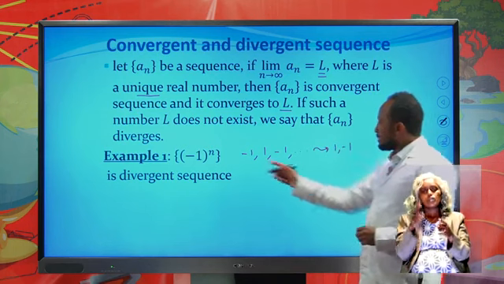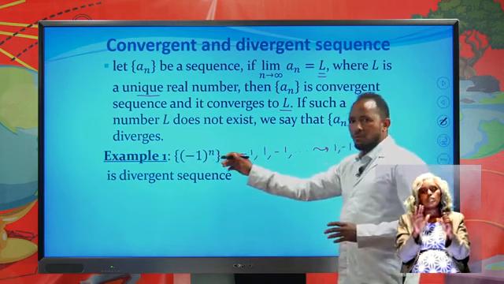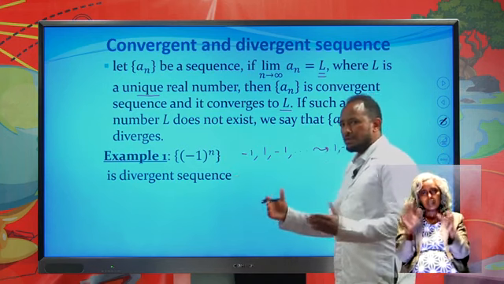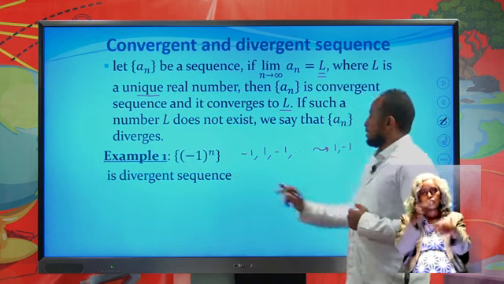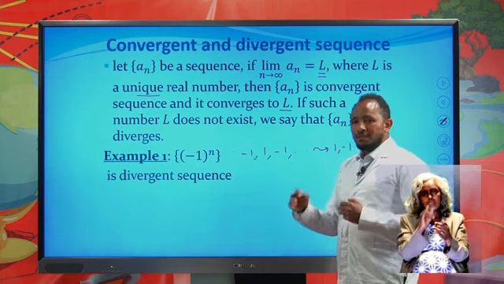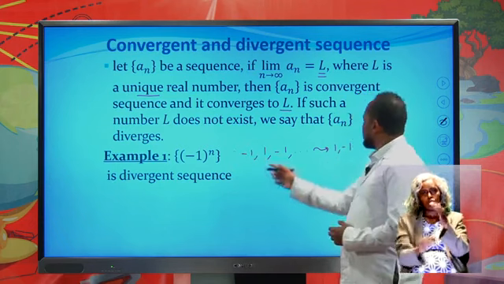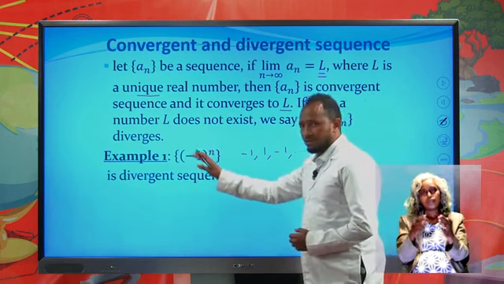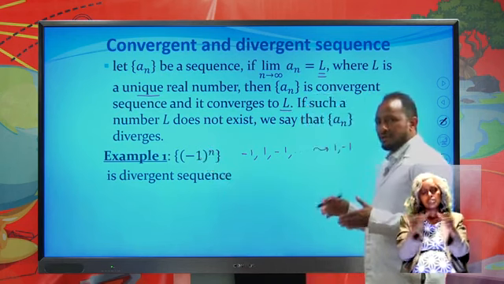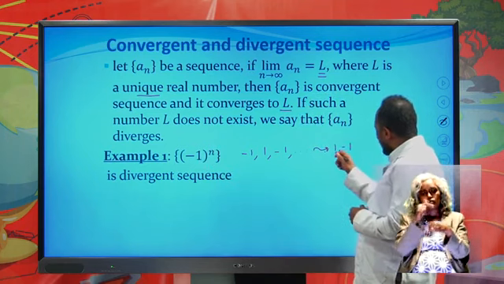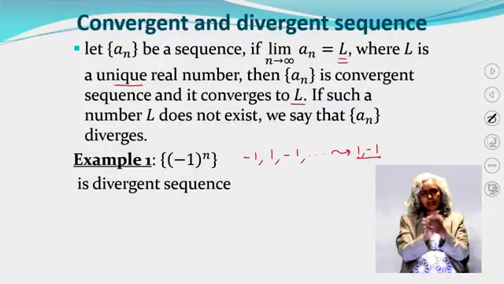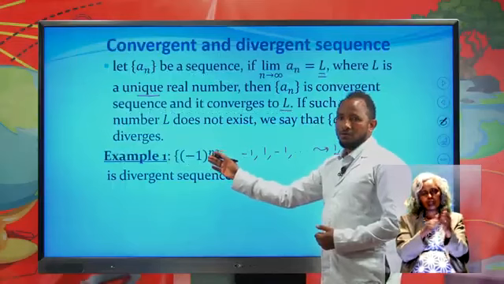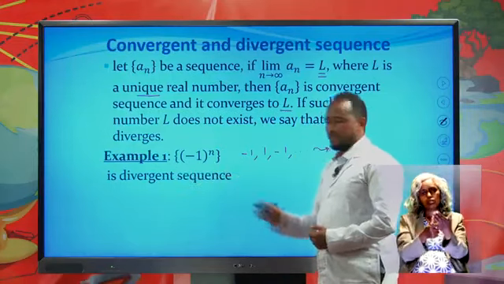When n is a big even number, the sequence goes to 1. When n is a big odd number, the sequence goes to -1. Since at infinity this sequence does not go to a unique number, it goes to 1 or -1, the limit of this sequence does not converge. So it is a divergent sequence.